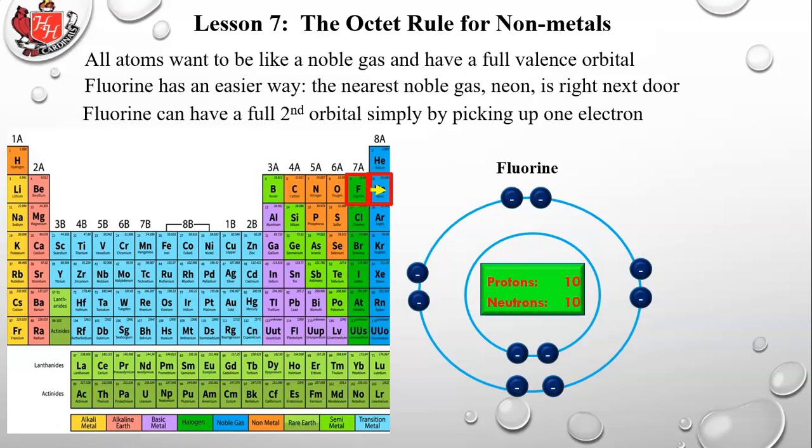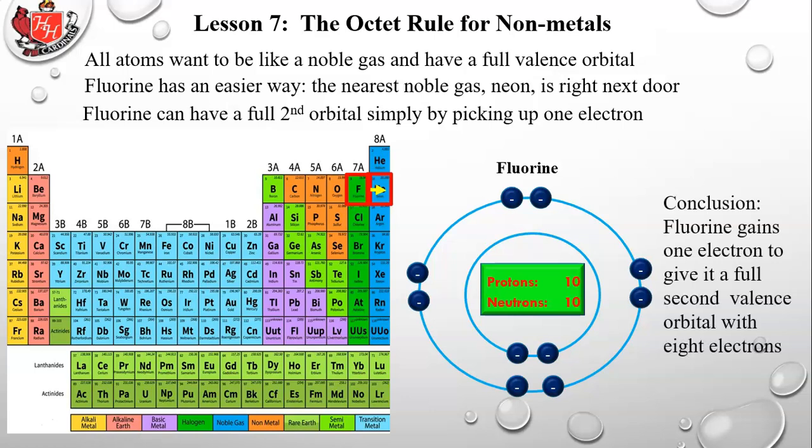You can just accept it as gospel, as the truth here at this level of chemistry, even at the AP level, at the basic college level, that atoms want to form octets. They're more energetically stable when they can have a full valence orbital. So conclusion: fluorine gains 1 electron to give it a full second valence orbital with 8 electrons.